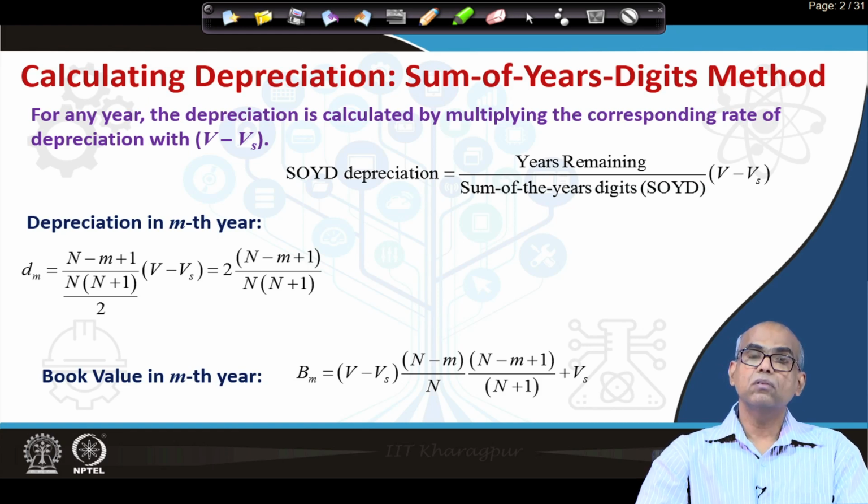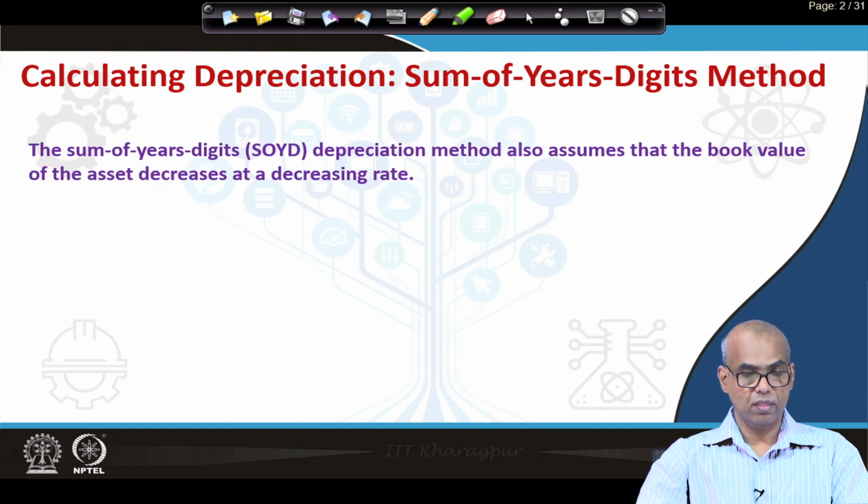But it is quite easy to remember that sum of years digits depreciation is equal to years remaining divided by sum of the years digits multiplied by V minus Vs.